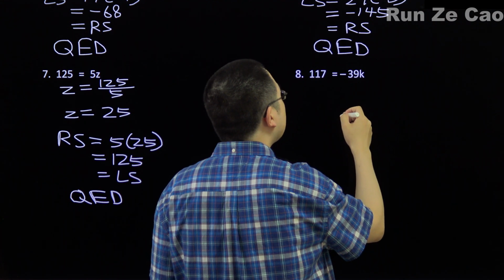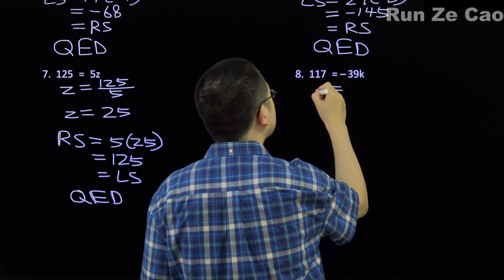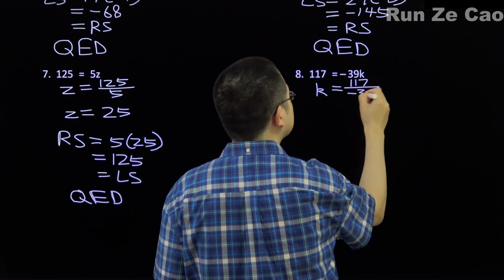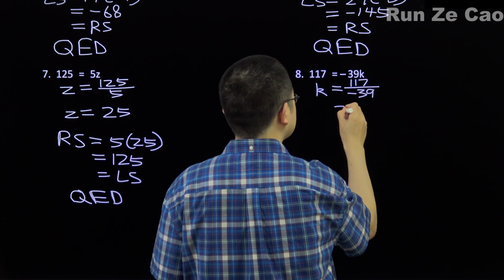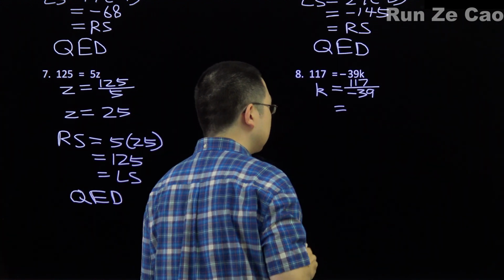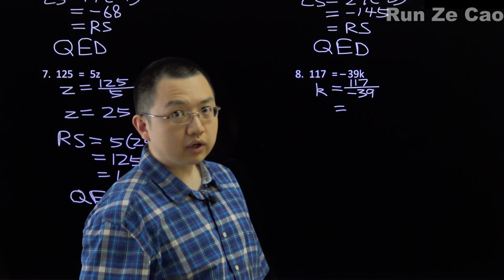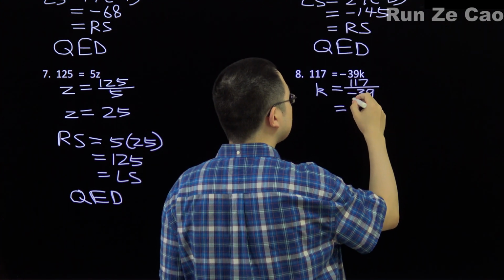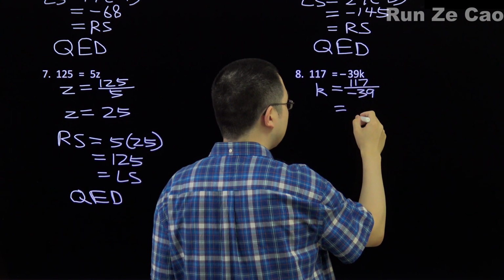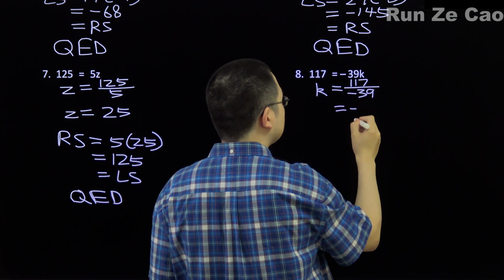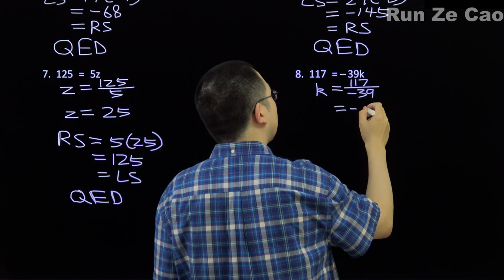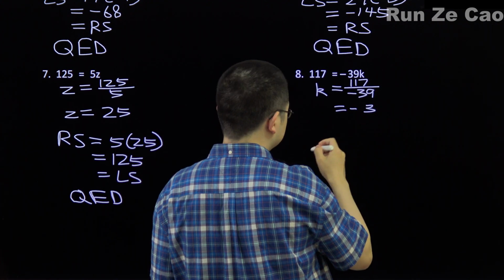117 and 39k, well, k is equal to 117 over negative 39. So 120 over 40 is 3. 117, which is 120 minus 3 over 40 minus 1, is going to be, well, first of all, negative because there's one negative sign here. That's also 3.